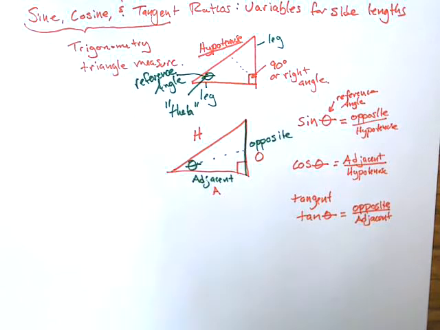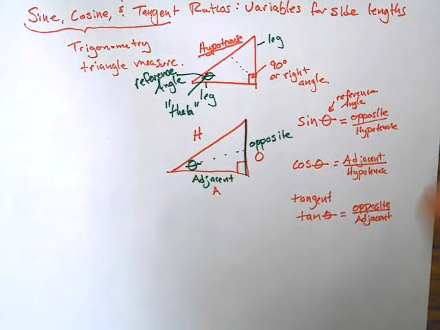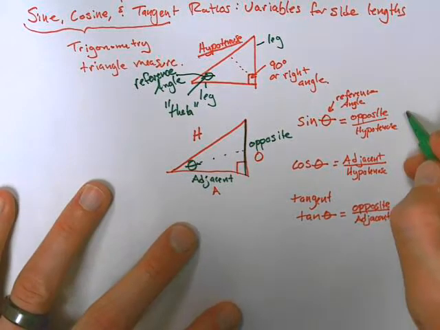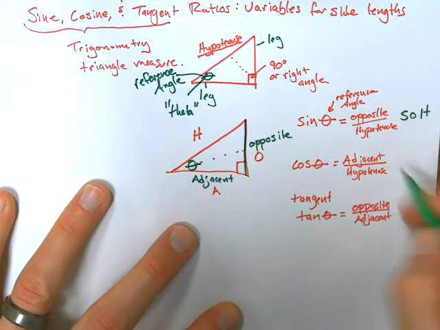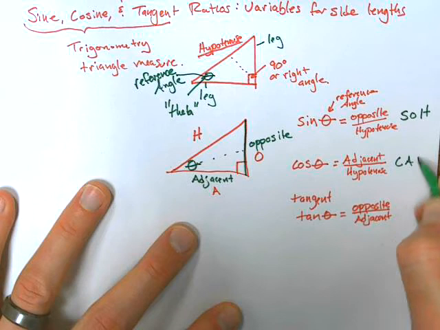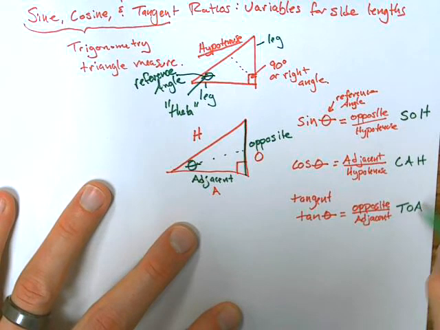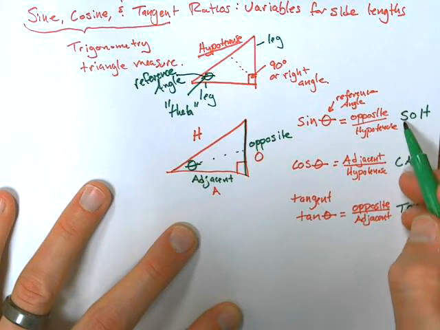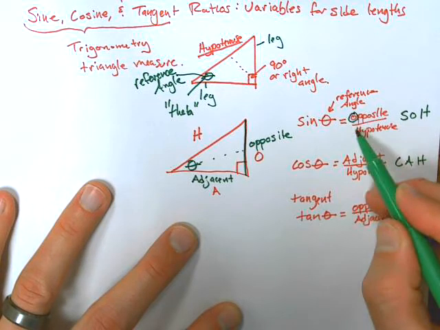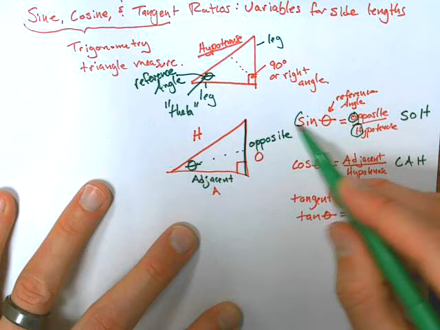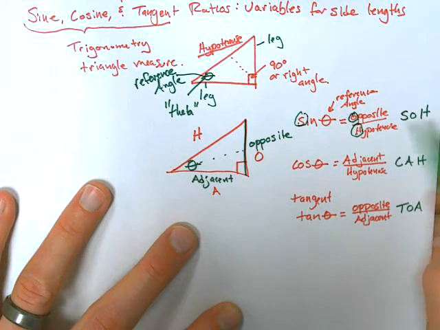Now there's a short phrase that I'm sure almost every math teacher uses across the country to help you remember these three trig ratios, and that phrase is SOH-CAH-TOA, so that you can remember sine is opposite over hypotenuse, SOH.